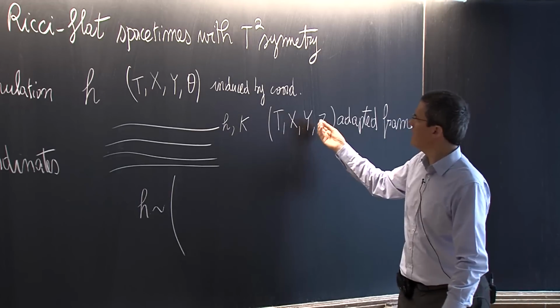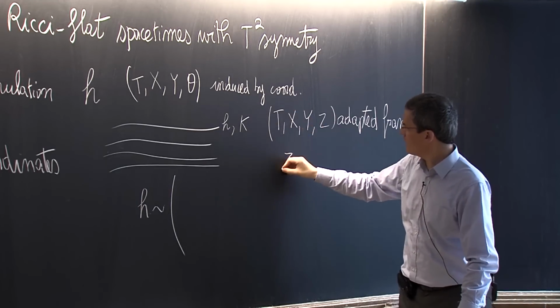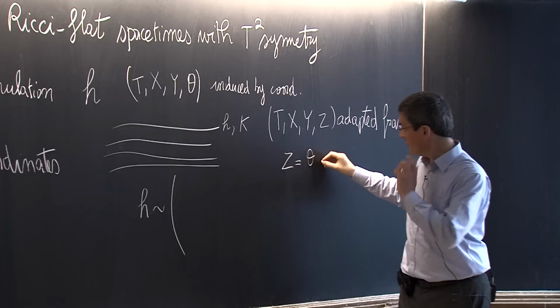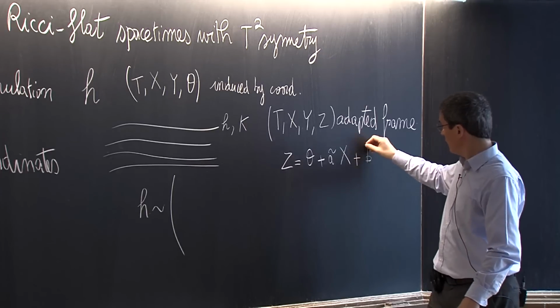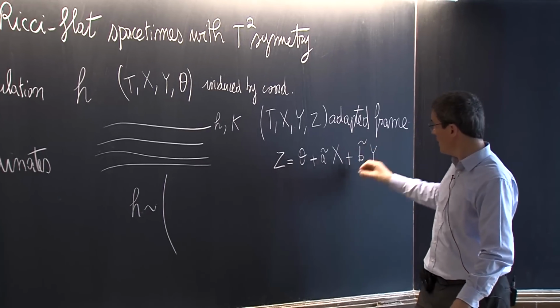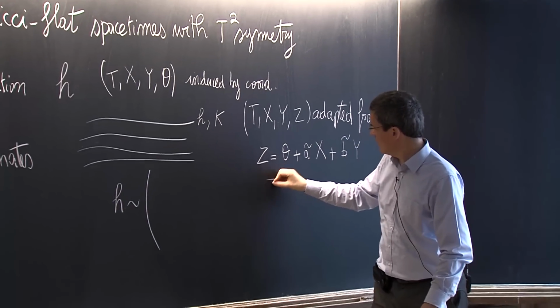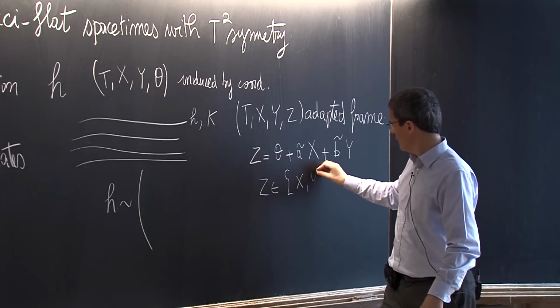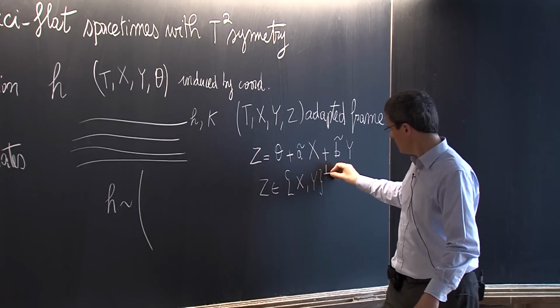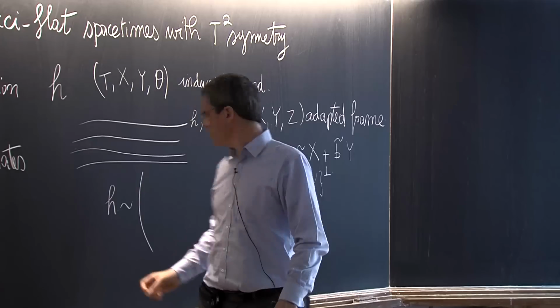The connection between the two is that Z is defined to be theta plus some scalar coefficient times capital X plus some scalar coefficient times capital Y, so that Z belongs to the orthogonal of X and Y. And of course, Z is not smooth.